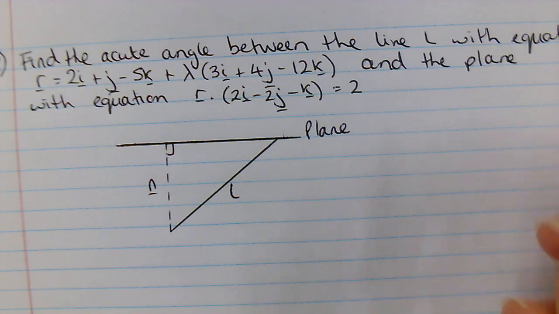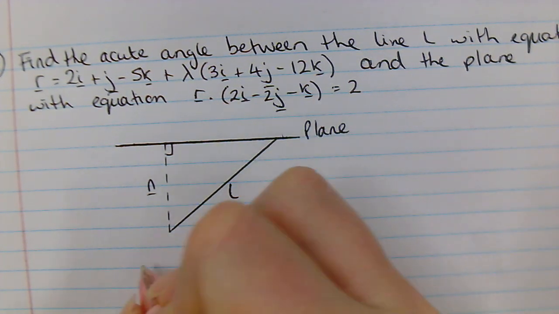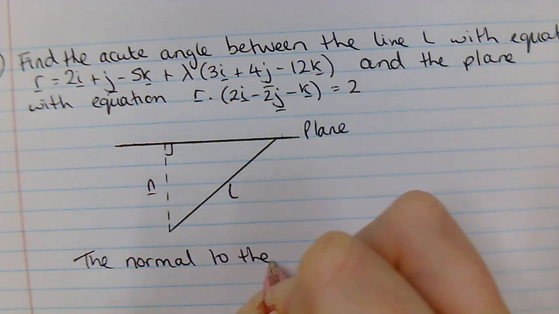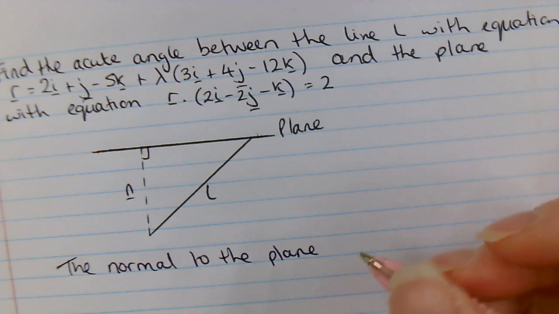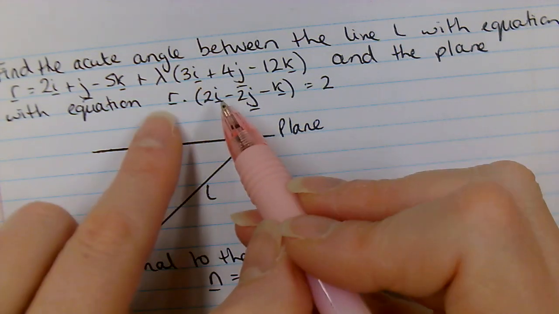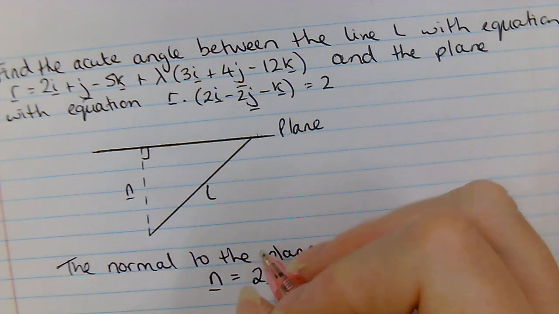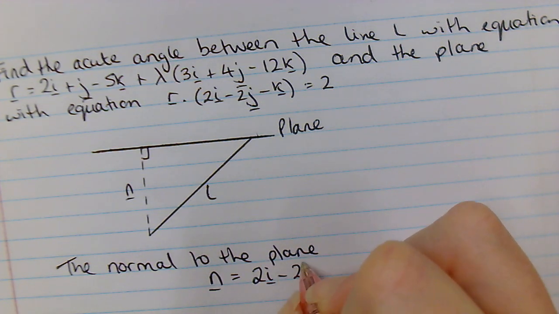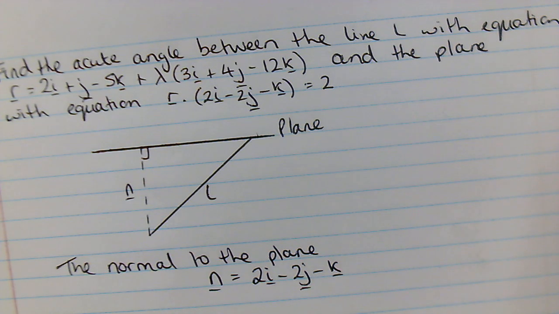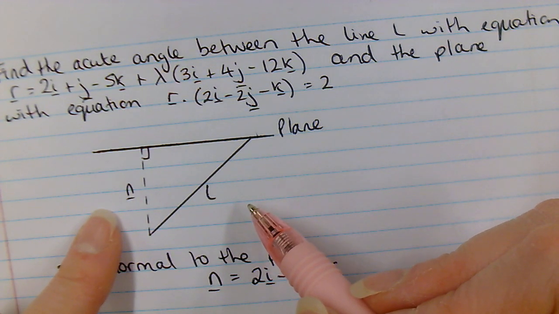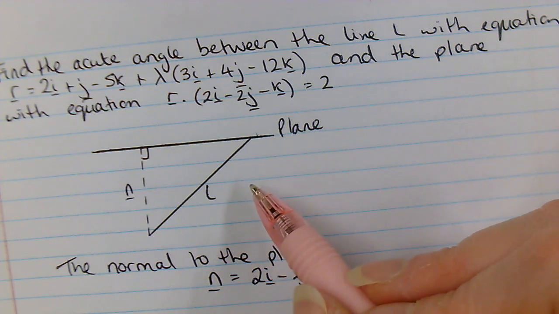So if we take it from there, the normal to the plane, n equals, remember it's this vector here, so it's 2i minus 2j minus k. So we know the normal here, we also know the direction vector of the line.